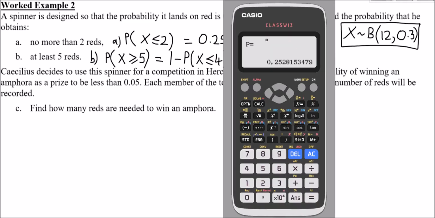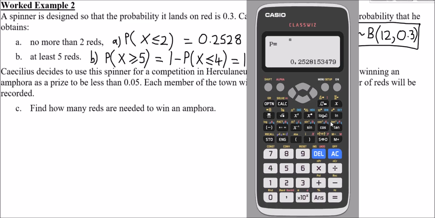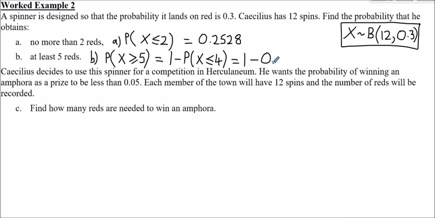So now we can work this one out. Press AC to toggle back. Now we can change this x to a 4. And we get here 0.7237 to 4 decimal places. 0.7237. So we just do 1 minus that.